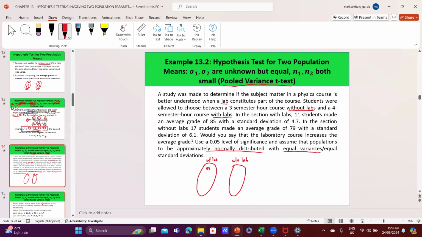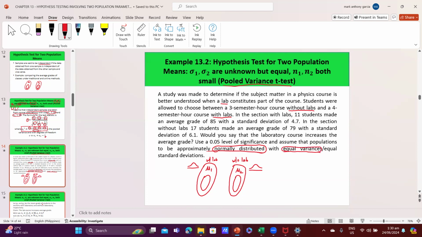We are comparing here the average grade of those students with lab and the average grades of those students without laboratory. Now, we get samples from each of these population groups. It is assumed that the data obtained from the two population groups are both normally distributed. Which means that the values from the first population group follow a normal distribution, and the values from the second population group also follow a normal distribution.